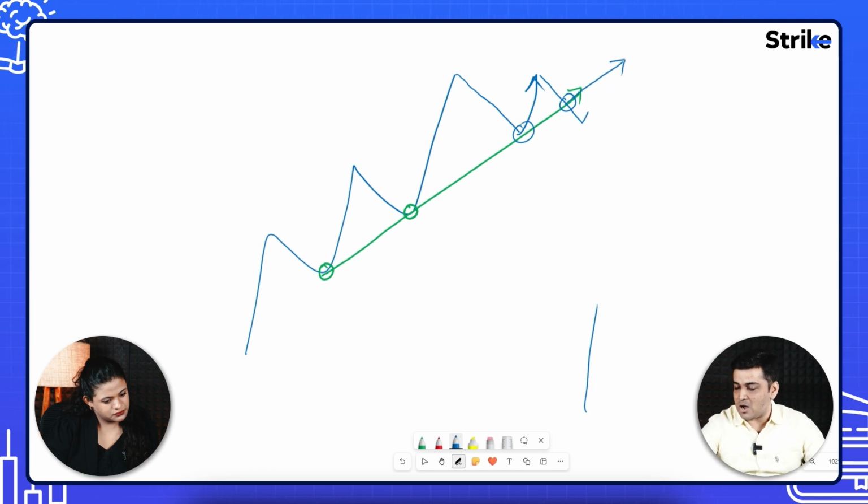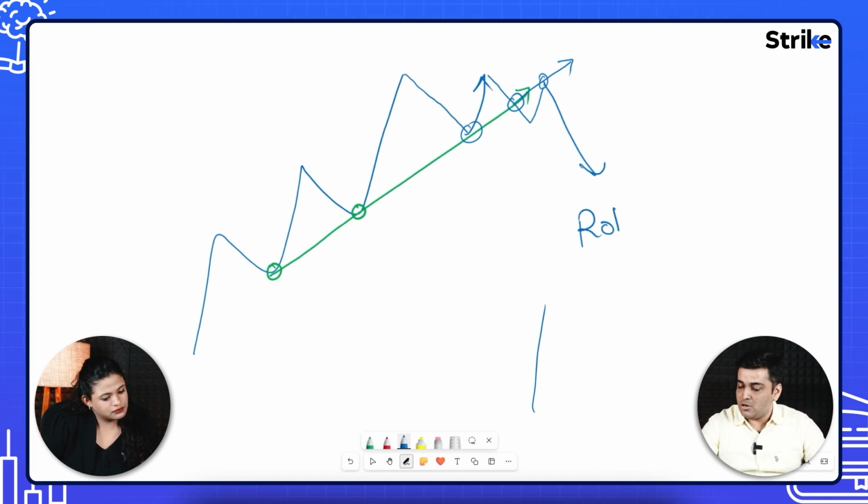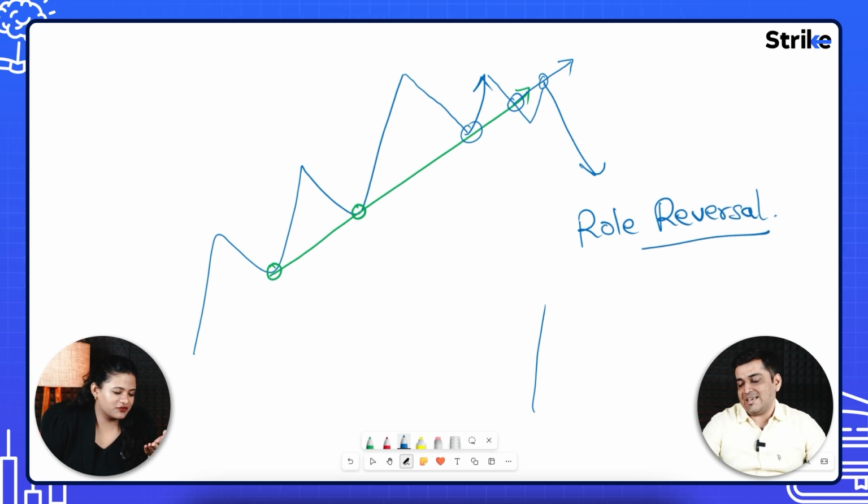So prices can go up, take resistance, and then fall down once again. So when there is a breakout, the support acts as a resistance. Yes, the same trend line. That's called role reversal, because the role has been reversed, from support to resistance or vice versa.